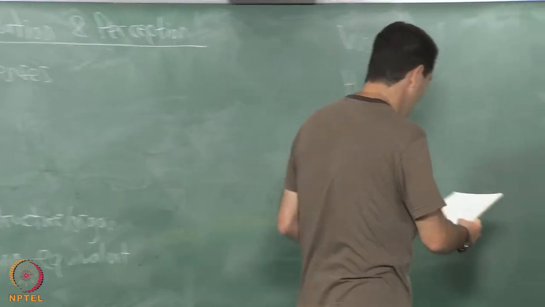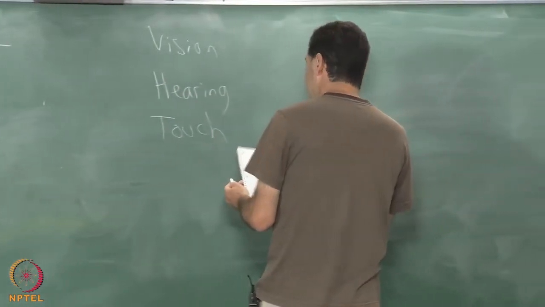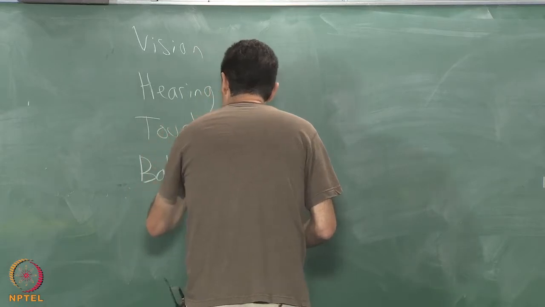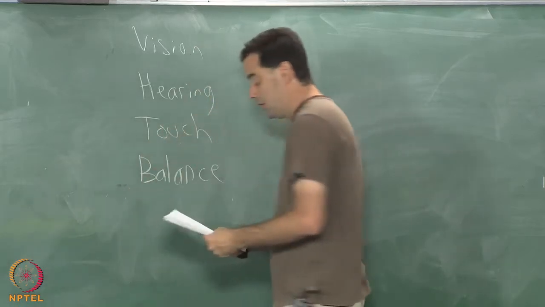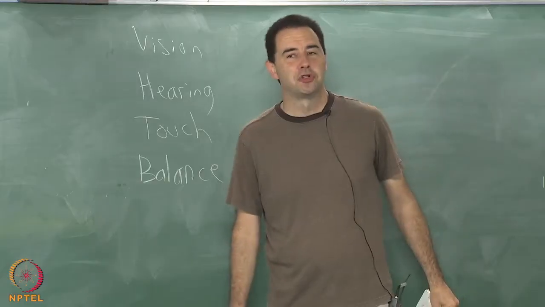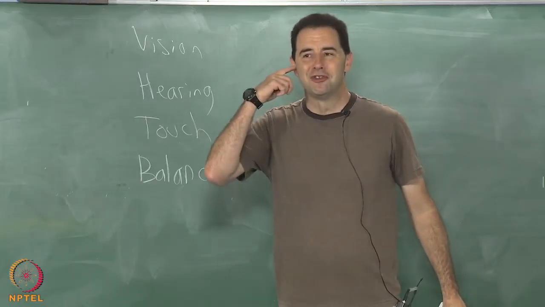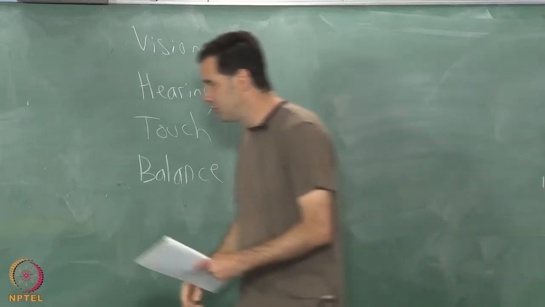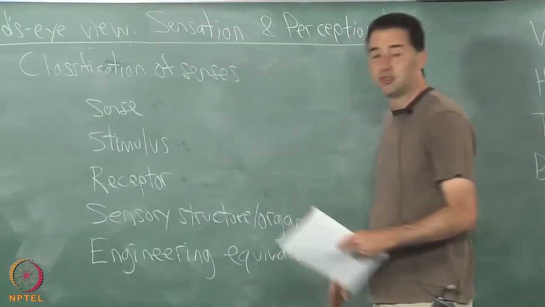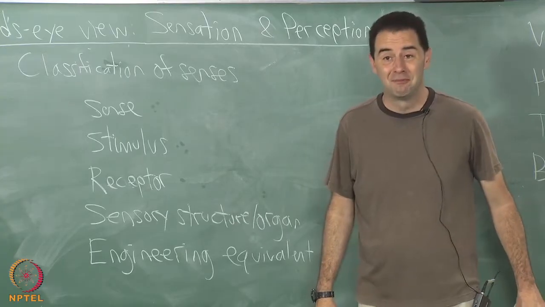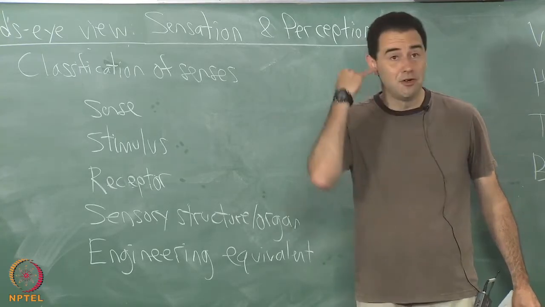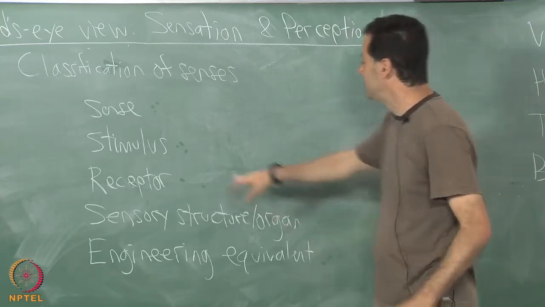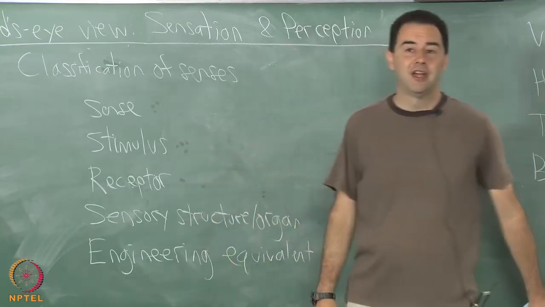One extremely important one for us, and this has a lot to do with simulator sickness, is our sense of balance. It turns out that we have inertial measurement units inside of our ears, and it's not part of the hearing system, it's part of our balance system. So the sensory organ is called the vestibular organs, which are mainly located in your inner ears. There's a pair of them, and the stimulus is accelerations.